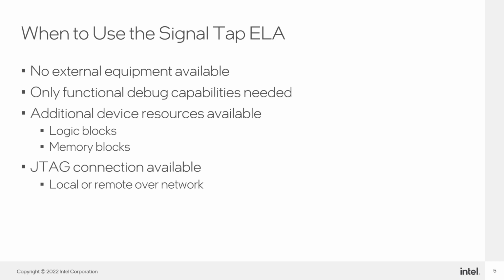In most cases, you must have a direct active JTAG connection to the device under test to control the logic analyzer. Typically, this makes use of an Intel FPGA download cable. However, if your design includes a network connection, remote access for debugging over a network may be possible. We'll look at these additional connection options later.